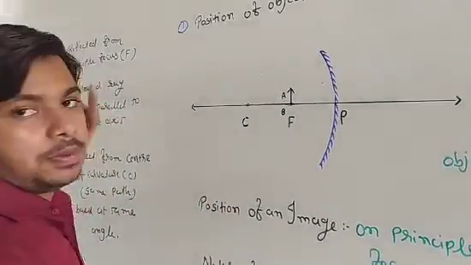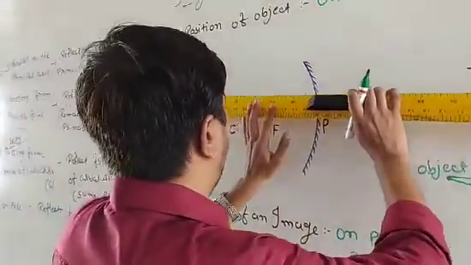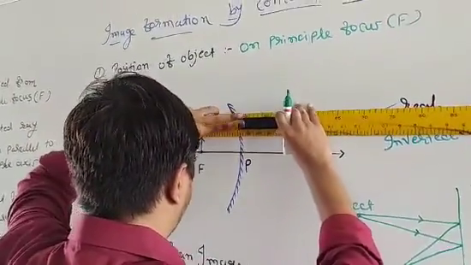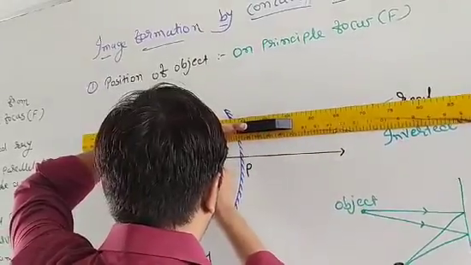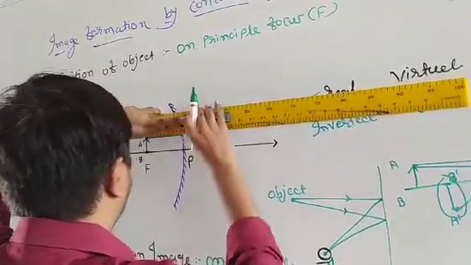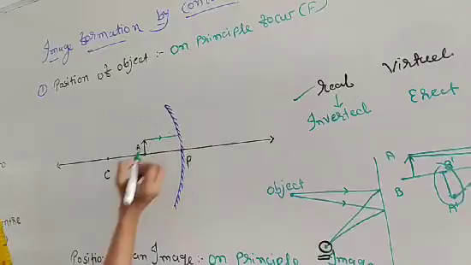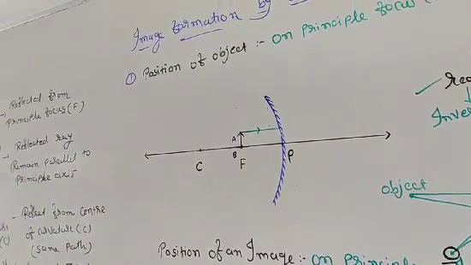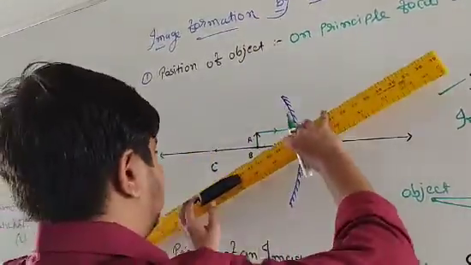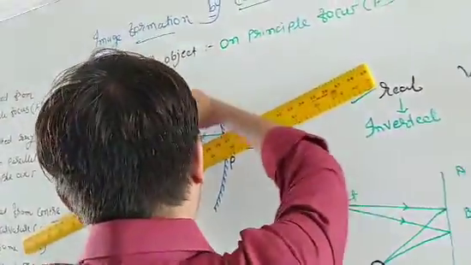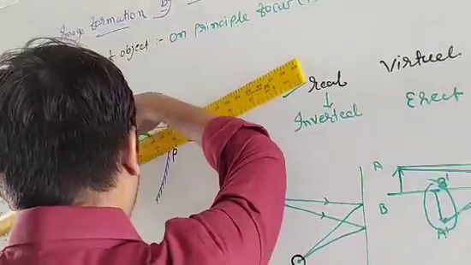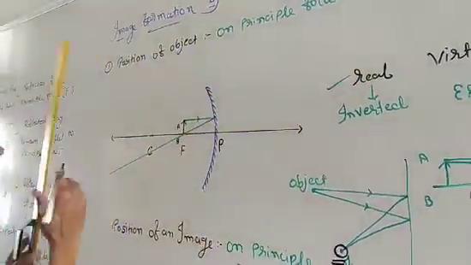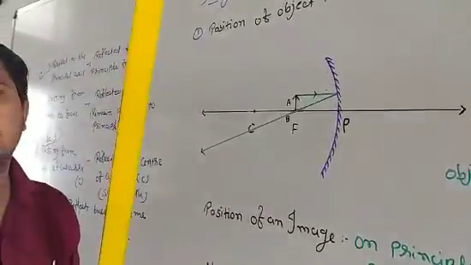The first is parallel to the principal axis. So here it is parallel to the principal axis. After reflection, it passes through the principal focus.